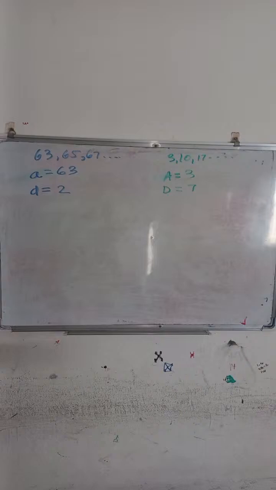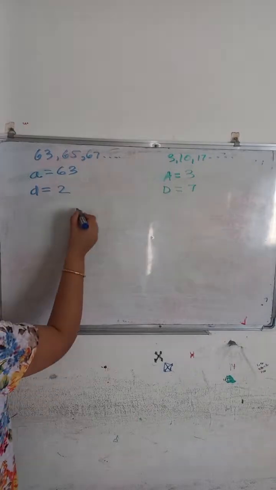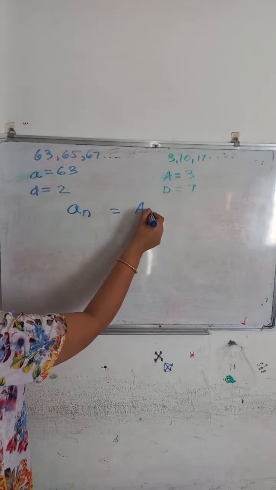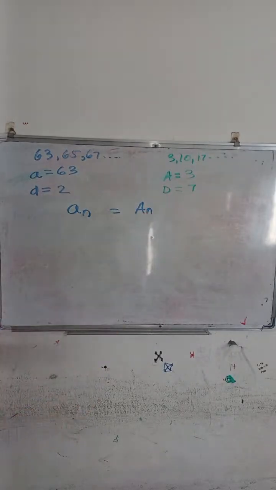Are you getting this? Now they are saying for what value of n the nth terms of the two APs are equal. That means a_n is equal to capital A_n.